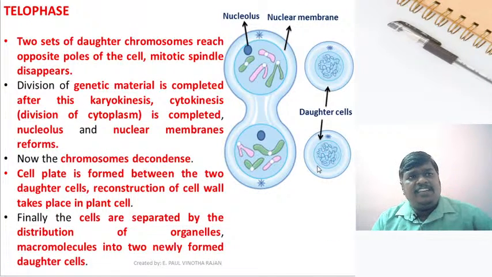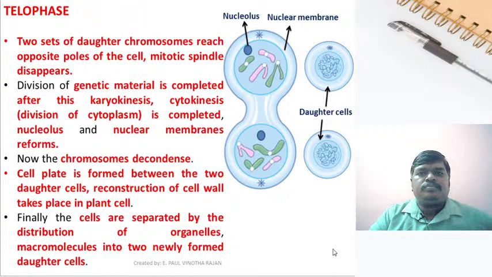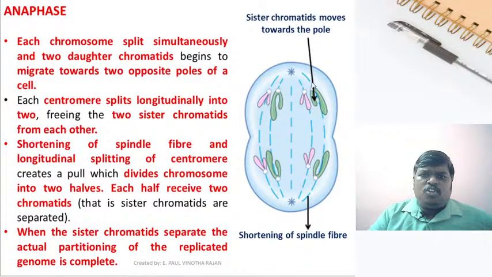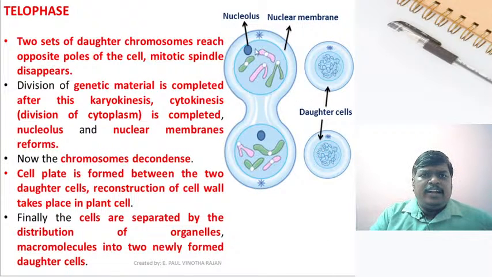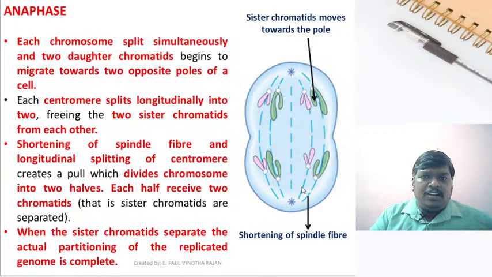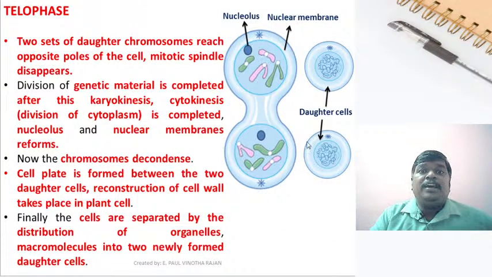The final phase is called telophase. In the telophase stage, what will happen? The chromatids which are moving towards the pole reach the opposite pole, and the mitotic spindle that was formed from the centrioles will disappear.